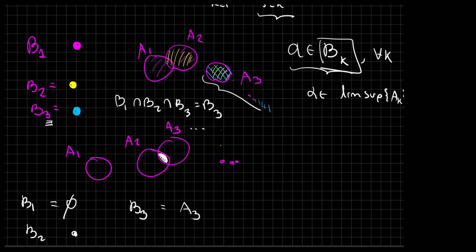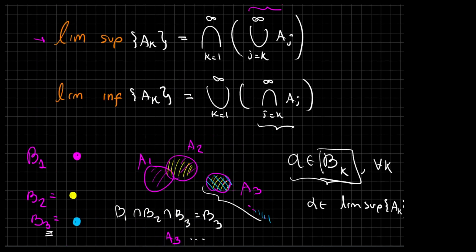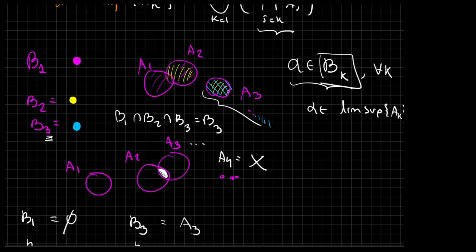Alright, to get some equivalent result, we can say that starting from A4, everything is the whole space, just to make it similar. But then the next step will be to make the union of all of these sets.